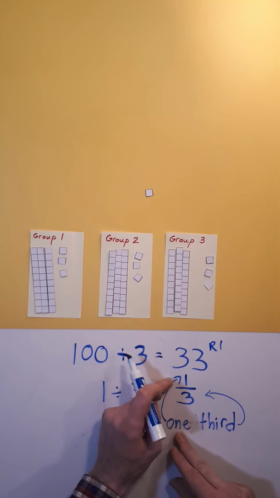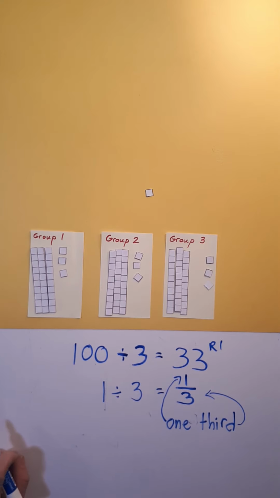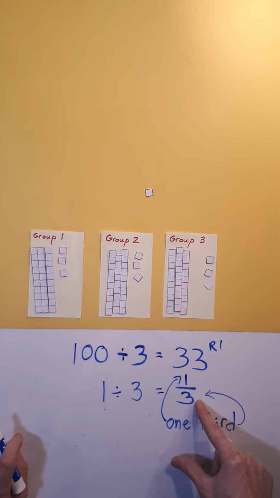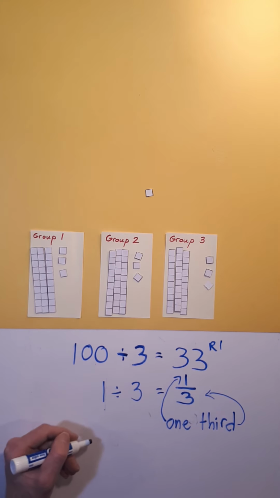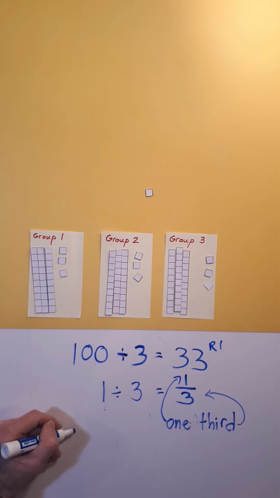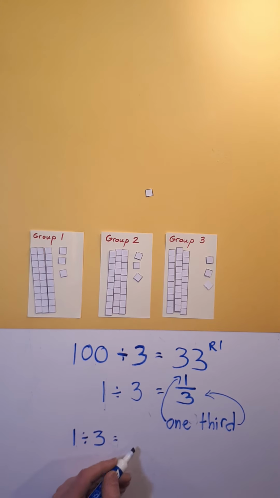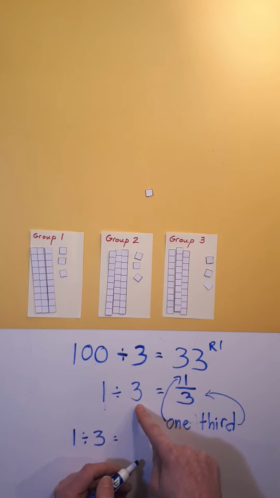So we have 1/3. Now, honestly, I don't know how to explain this without using a calculator. So if you do 1 divided by 3, the number that you get is actually this number. Remember we said dividing 1 by 3 is going to give us a number that's smaller than 1.